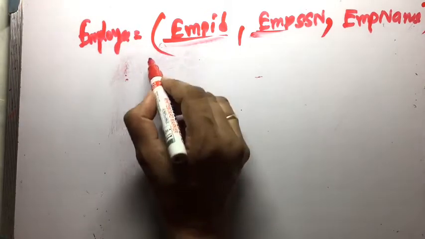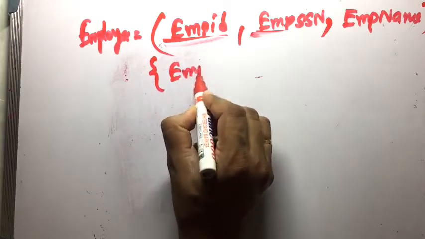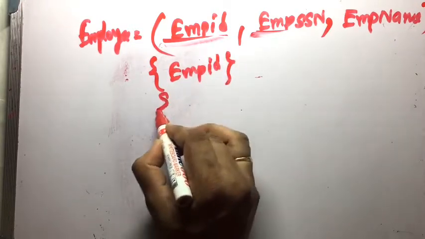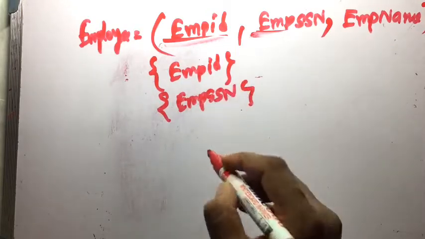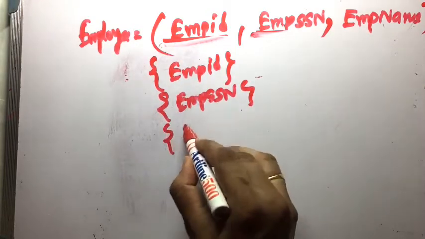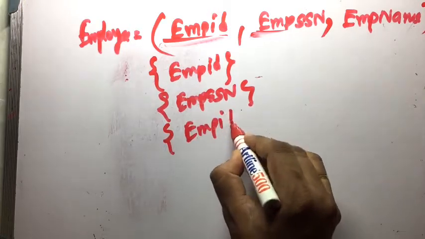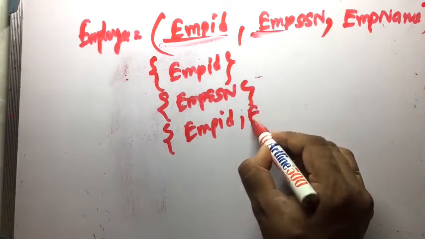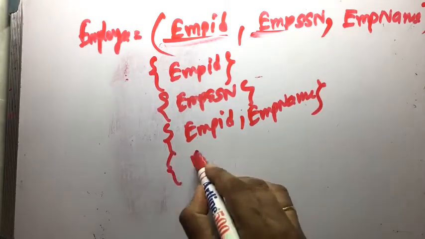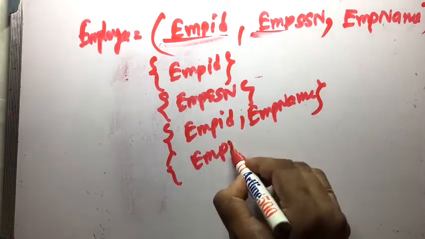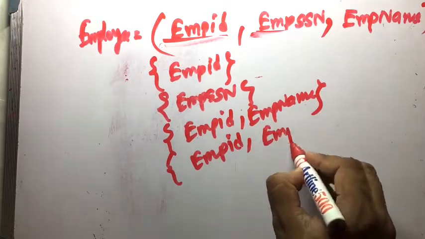Now here EMP ID is a super key. EMP ID, EMP SSN is a super key. Social security number is a unique number. EMP ID, EMP name is a super key.